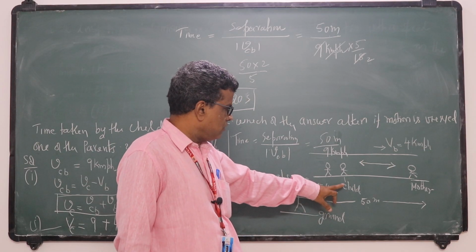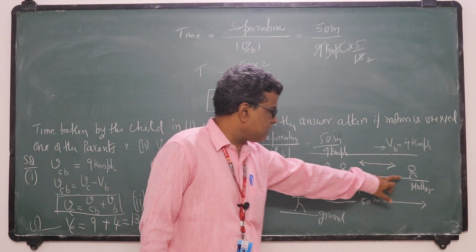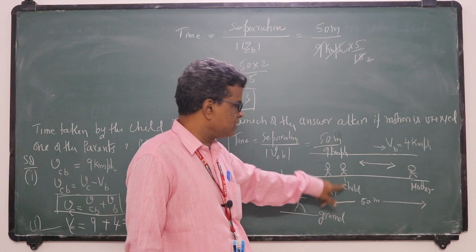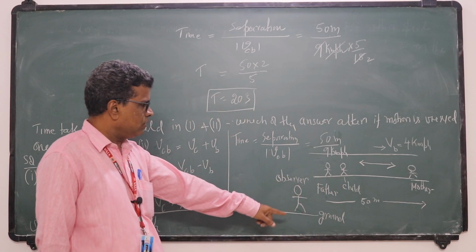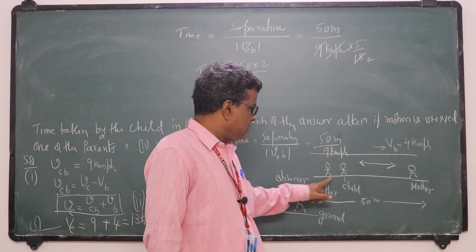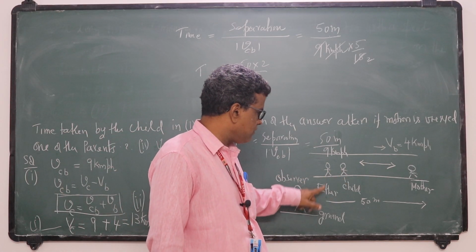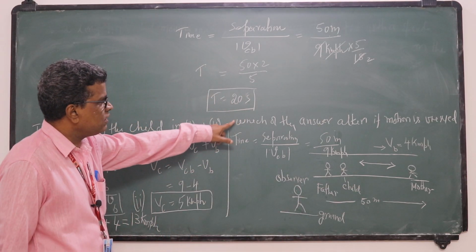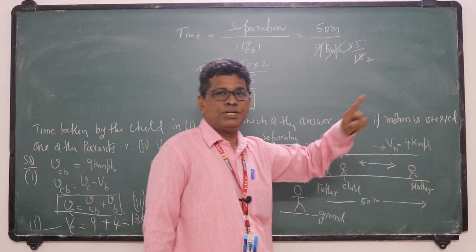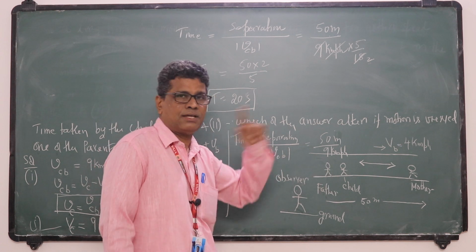But with respect to the father and mother, the velocity of the child will definitely change. Which one of the answers alters if the motion is viewed by his father or mother?